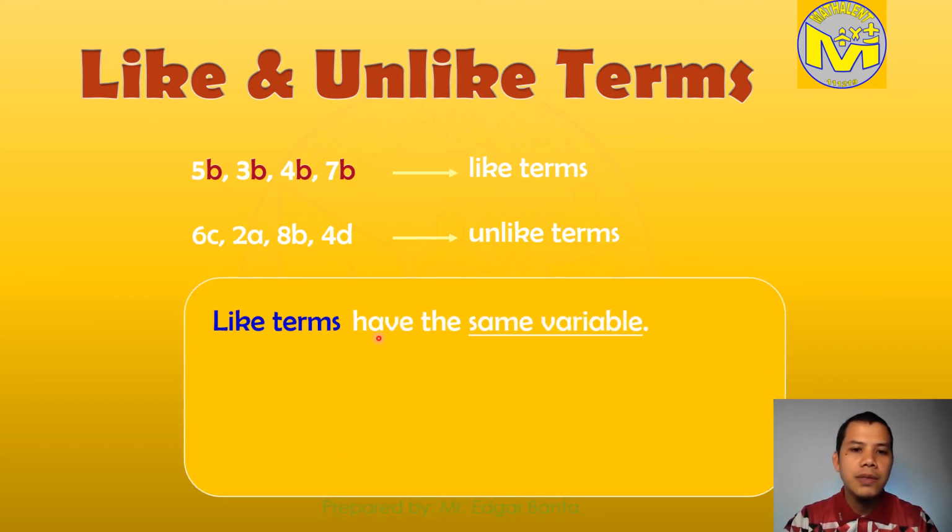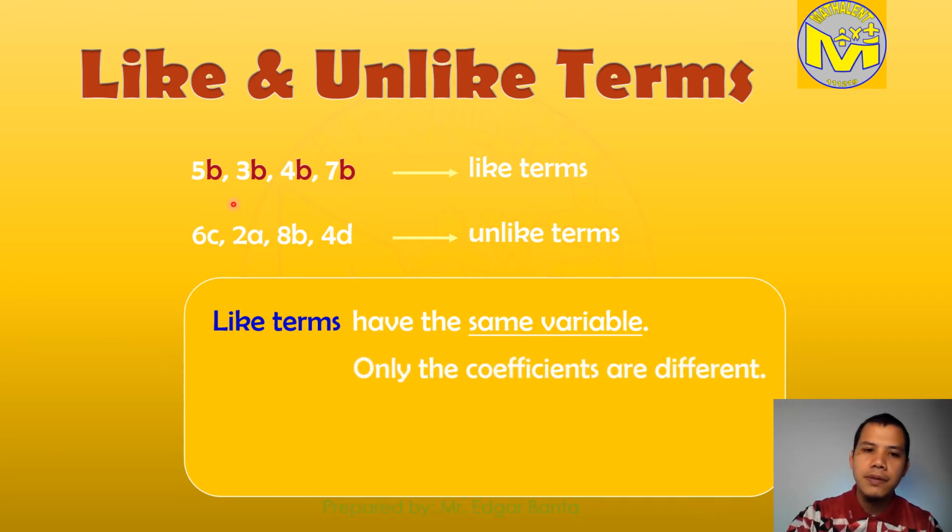When you say like terms, they have the same variables. Look at that. The variables are b, the same. B, B, B, B, like terms. All right? Only the coefficients are different. So we have 5, 3, 4, 7.